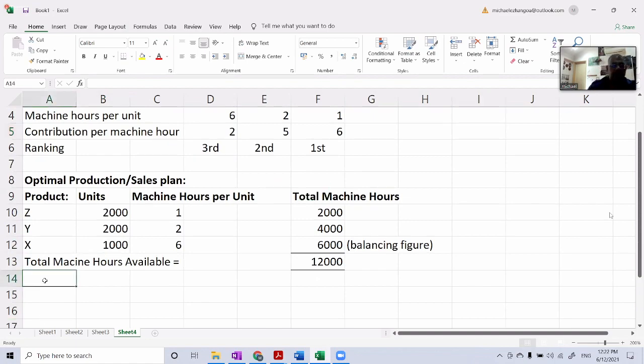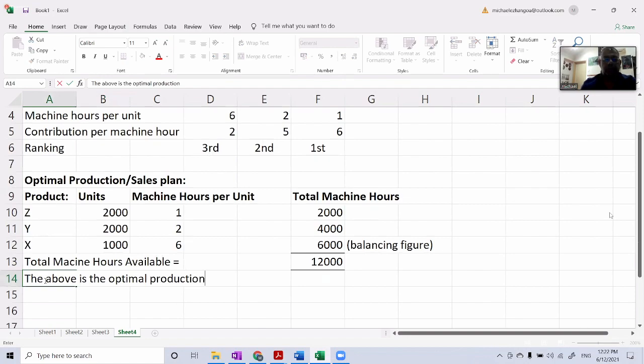So I'll put a note there. The above is the optimal production and sales plan.